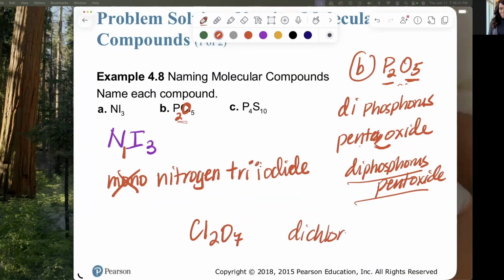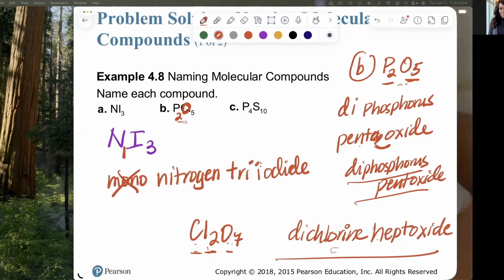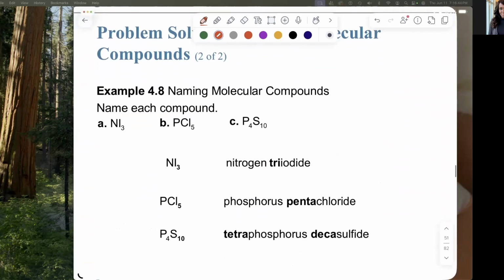Dichlorine, right? I don't say chlorine, chloro. 2 chlorines. Hepta, 7. But it's oxygen, so heptoxide, not heptaoxide. Yeah. 2 chlorines, 7 oxygens. So dichlorine heptoxide. Yep.